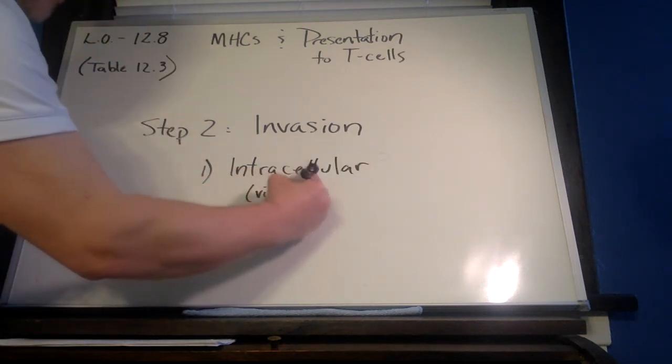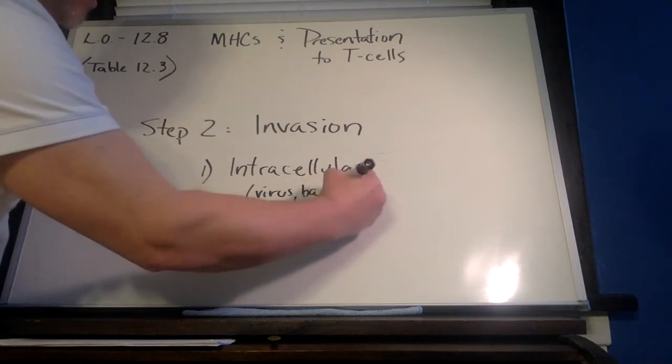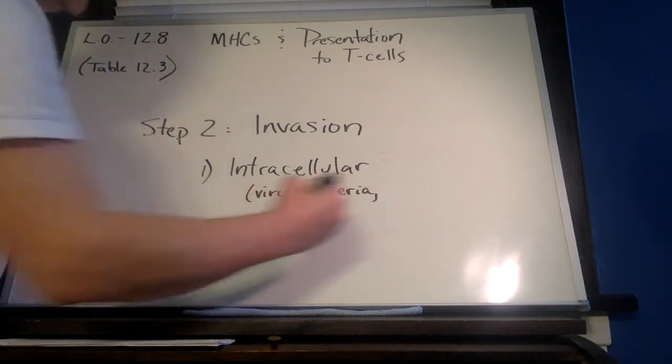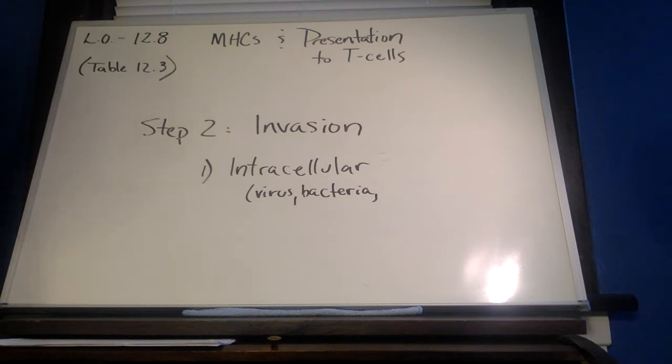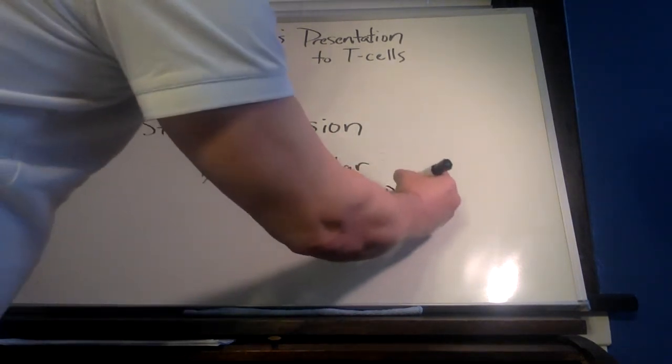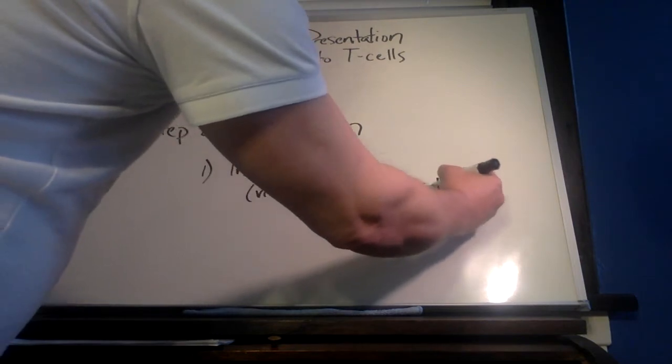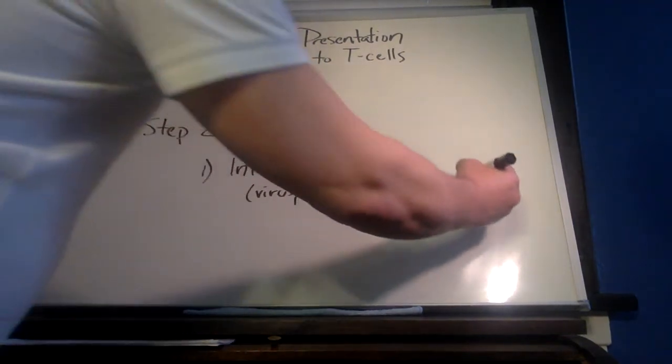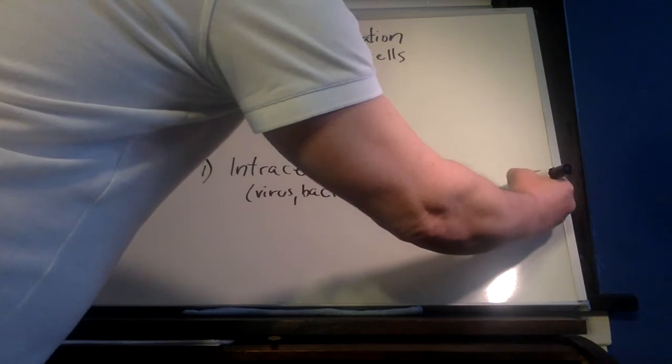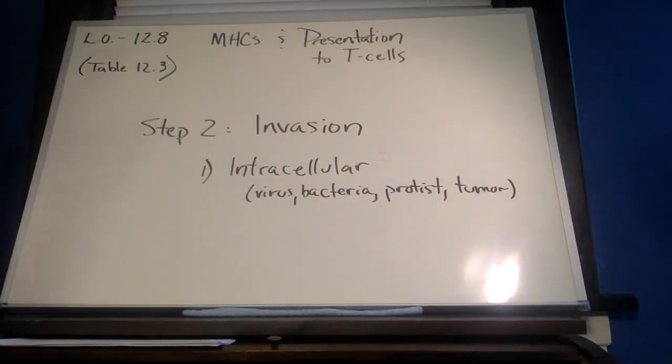These are things like viruses. We've seen some bacteria that go intracellular, as well as some protists. Remember, toxo actually will go intracellular. Or even your tumor cells, they begin to look different to your body on the inside because there's something different about what's going on genetically.